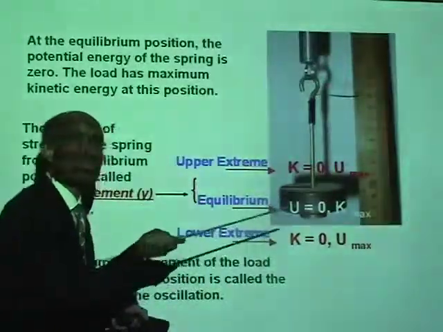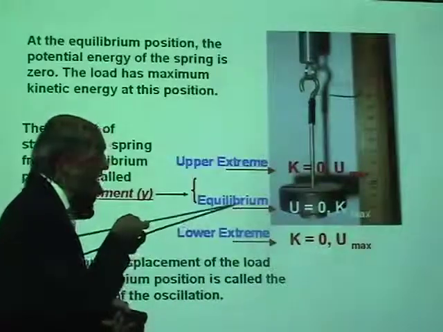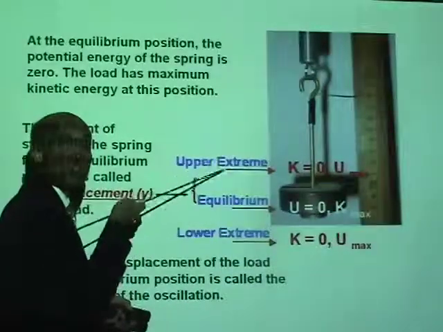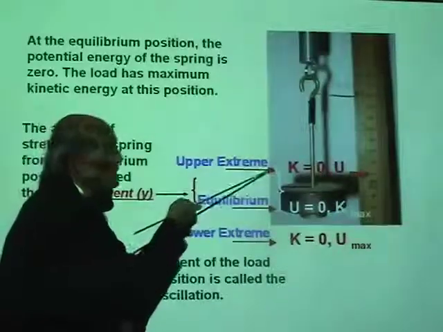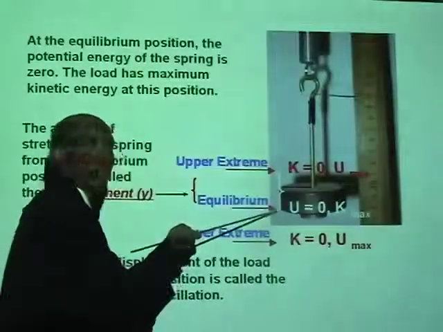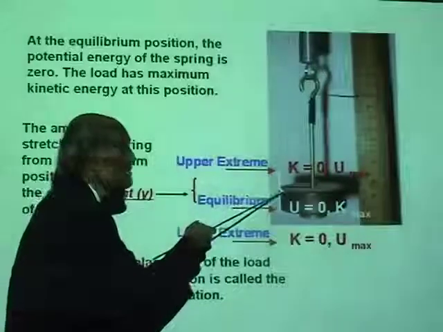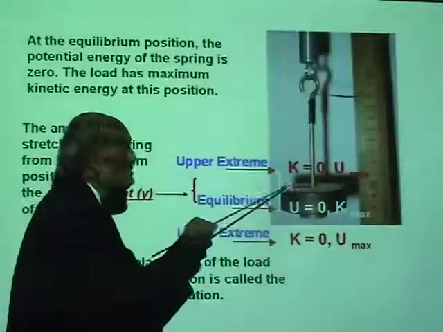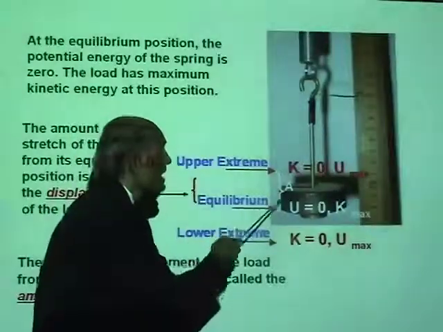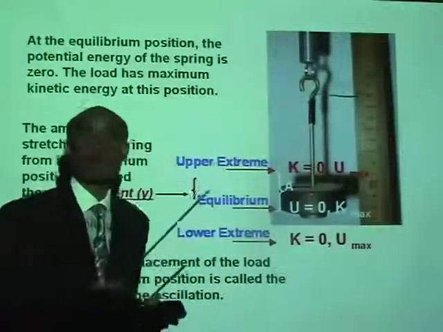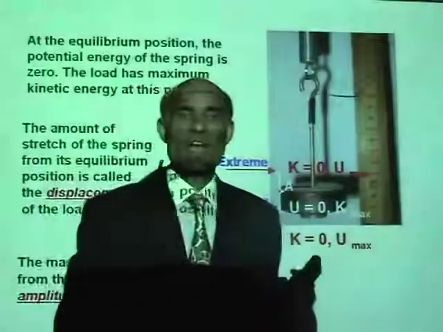The maximum displacement occurs when it is at the upper extreme. That means the displacement at that time will be this displacement where I have used the white braces. Now, this displacement is called the amplitude, represented by A. So what does the amplitude mean?